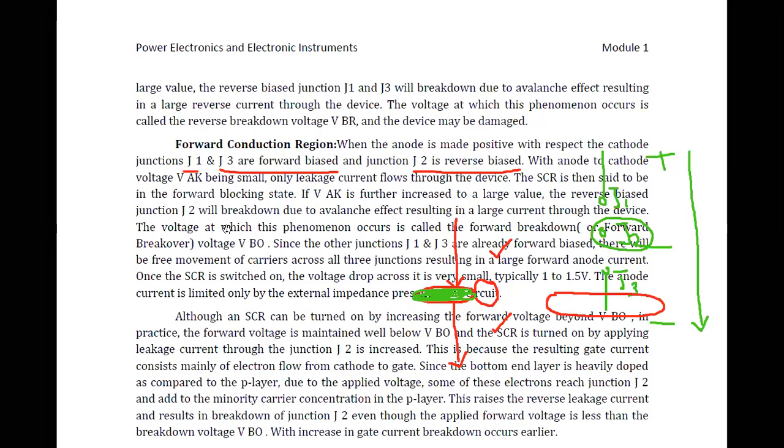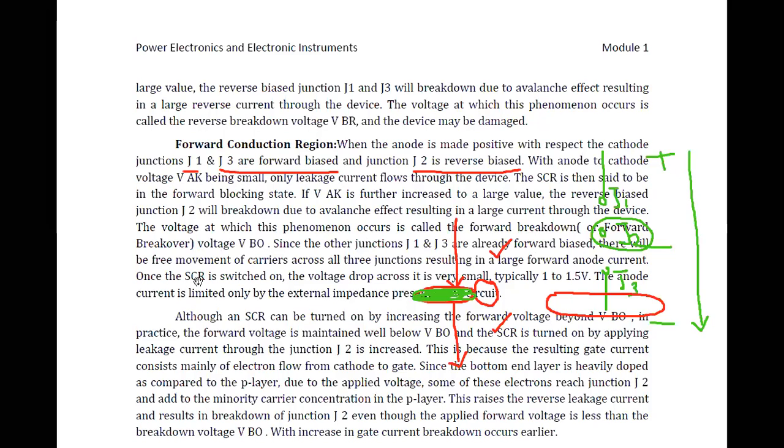The voltage at which this phenomenon occurs is called the forward breakover voltage, denoted by VBO. Junctions J1 and J3 are already forward bias, so it is now very free for carriers to move across all three junctions, giving a larger forward anode current.